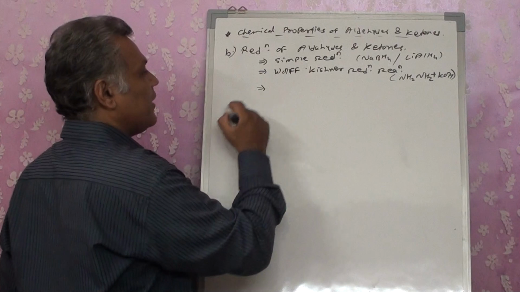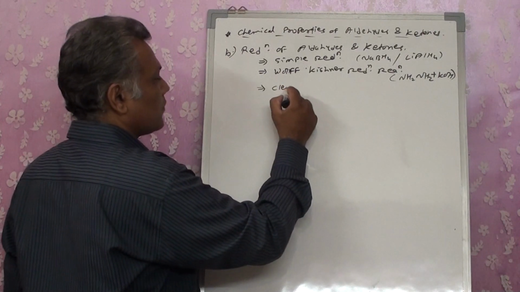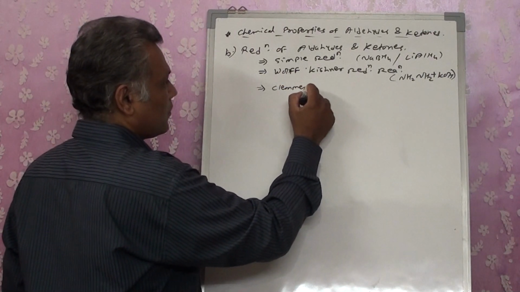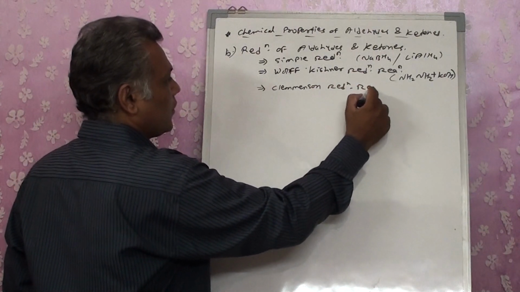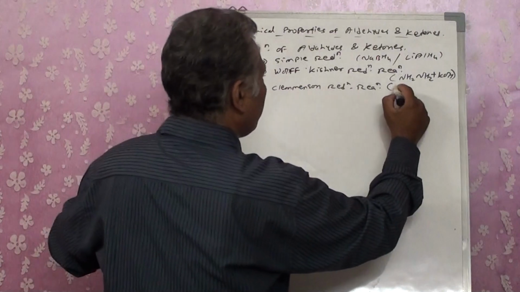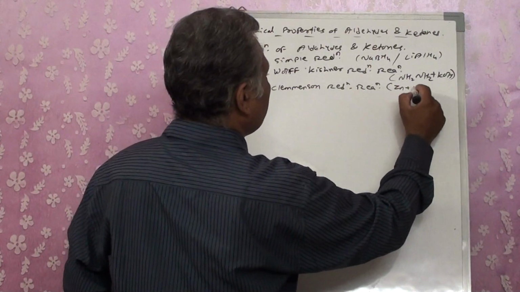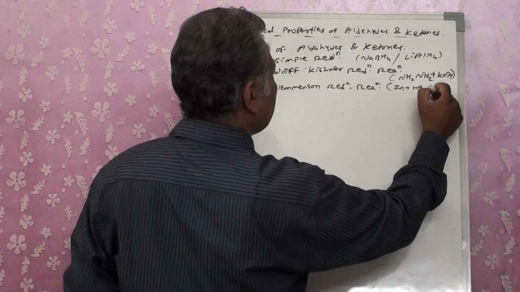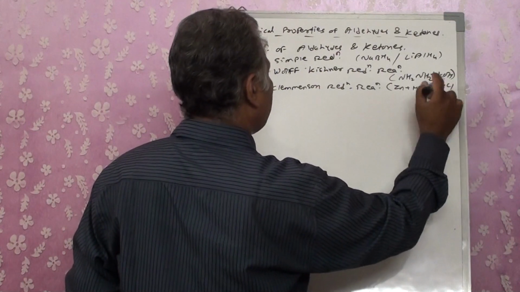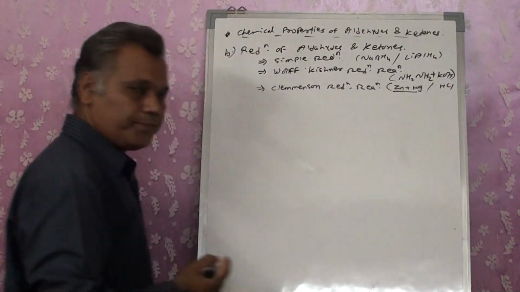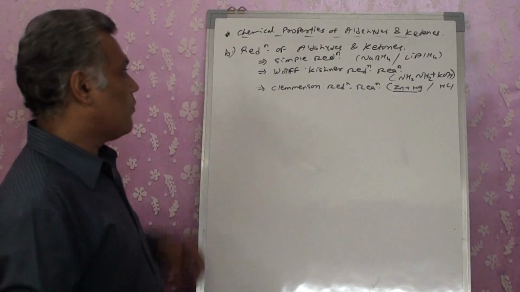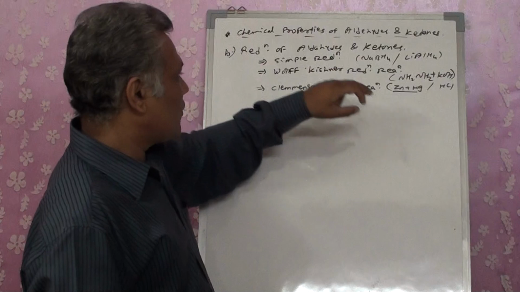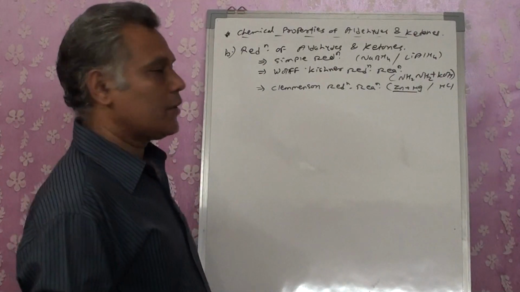That means in basic medium. Then the Clemmensen reduction reaction. For this, we use ZnHg/HCl, zinc amalgam. This particular reagent is known as zinc amalgam. That means we are going to come across three different reactions, right?